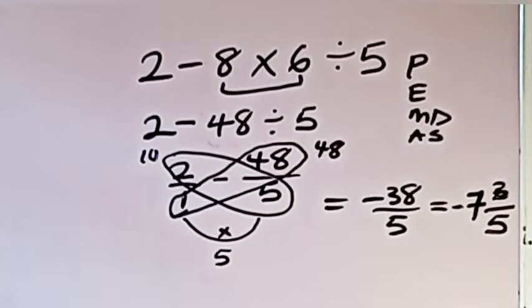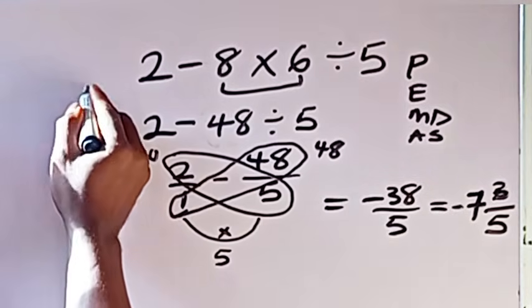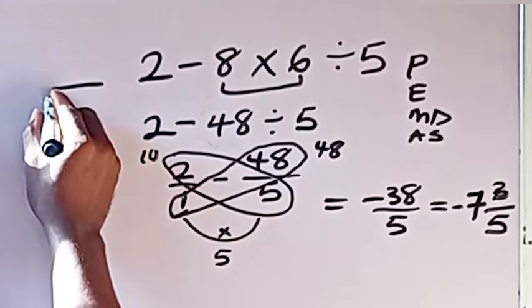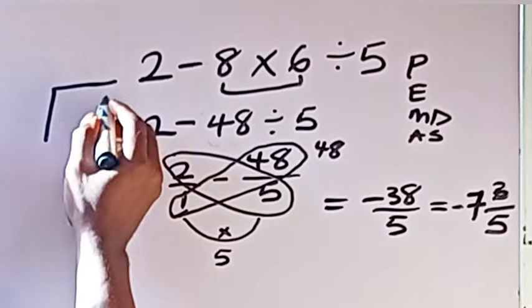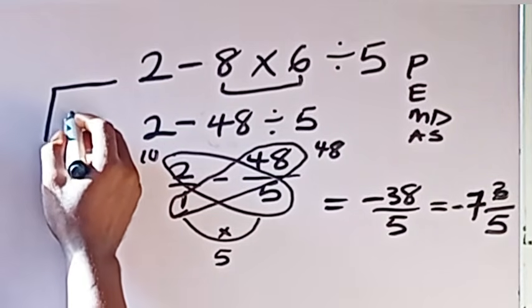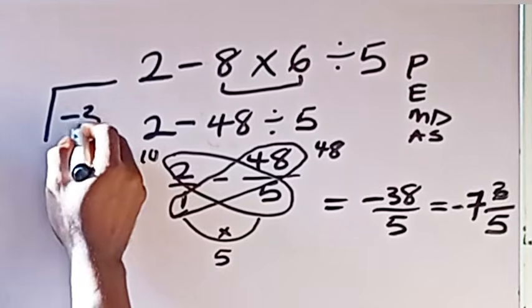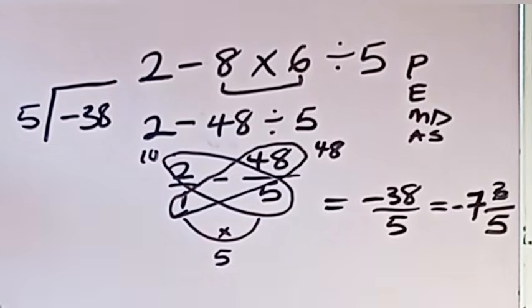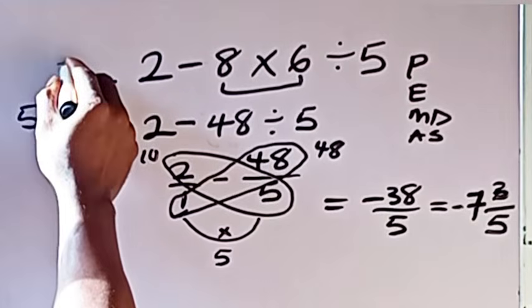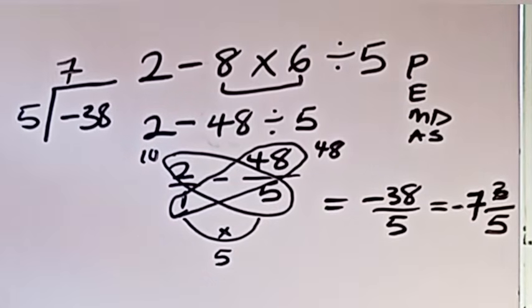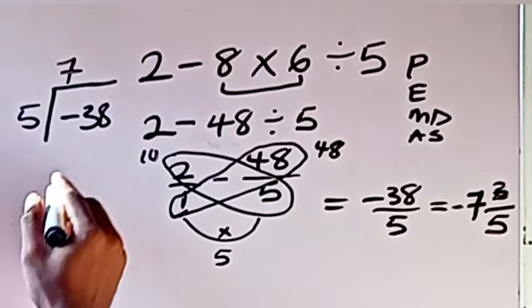So guys, let's see if we can get a decimal answer. So if we draw our decimal line here, okay, put our 38 over 5, which is 38 divided by 5. Now, 5 will go into 38 how many times? I think it's 7. 7 times 5 is going to give us 35.